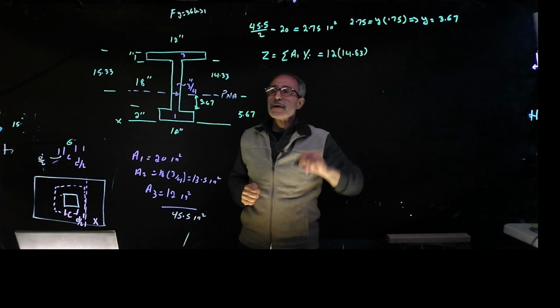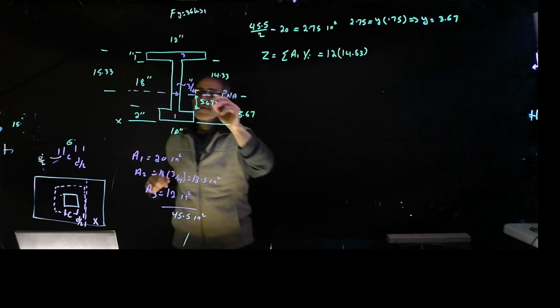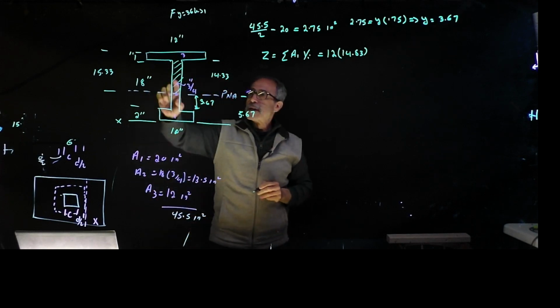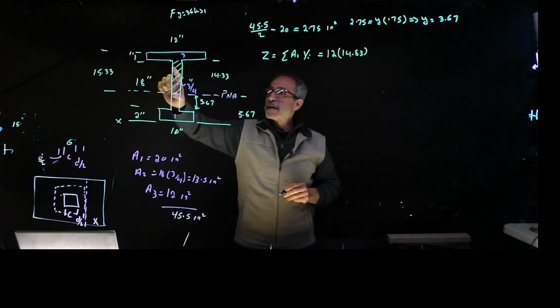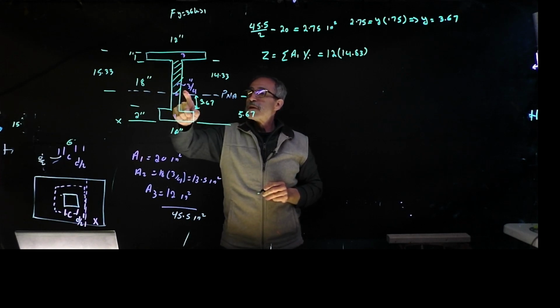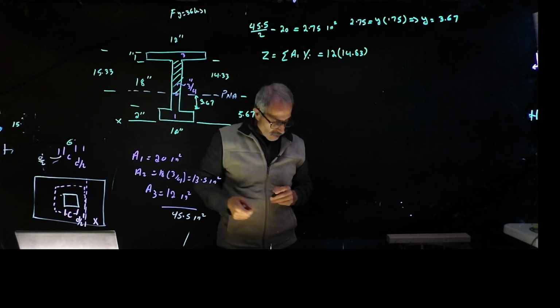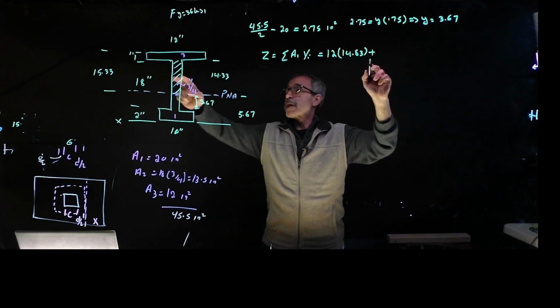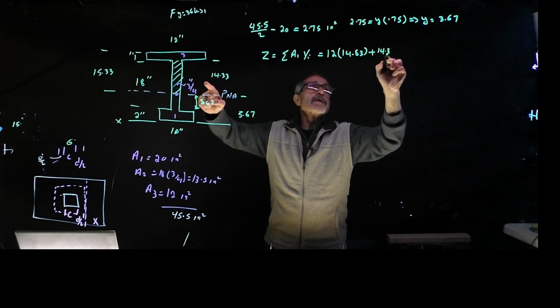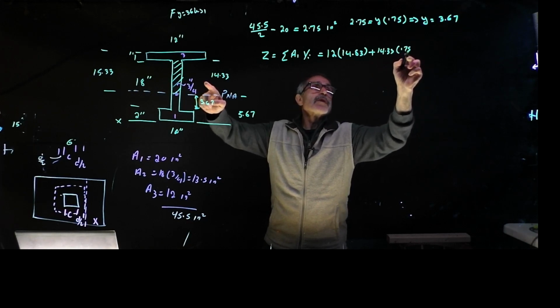All right, and then now we're going to go ahead and do this section by itself, just this section. That area, we've got to figure the area out first. 14.33 times 3/4 plus the area of that's going to be 14.33 times 0.78.